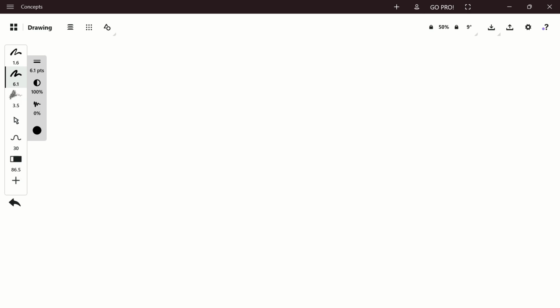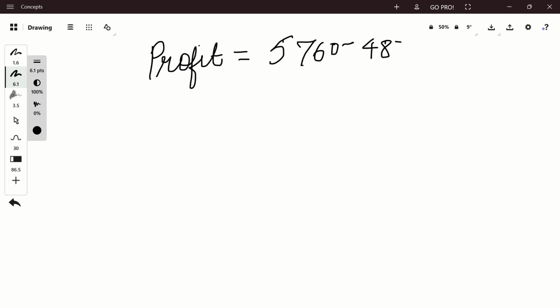The profit is the selling price minus the cost price, that is, profit is equal to 5760 minus 4800, which is equal to 960.